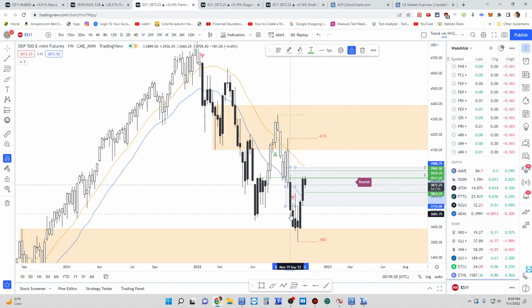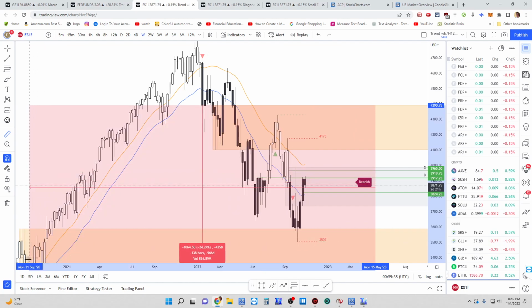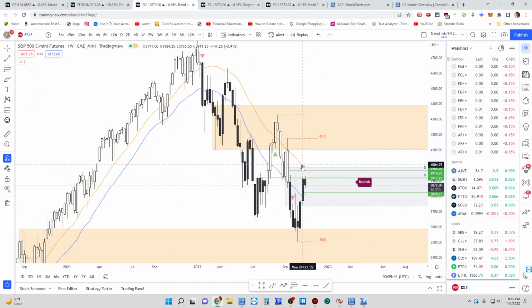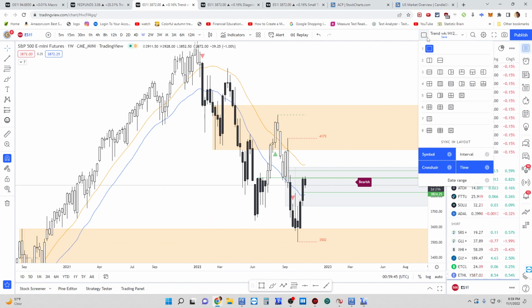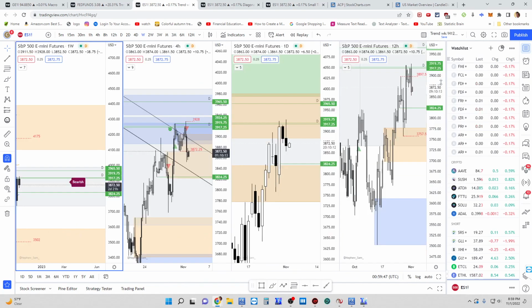So it's kind of come full circle, and we're in the no man's land. This is the bigger version of the no man's land, and then this is an even smaller version of the no man's land. And we could even see the different levels to it.